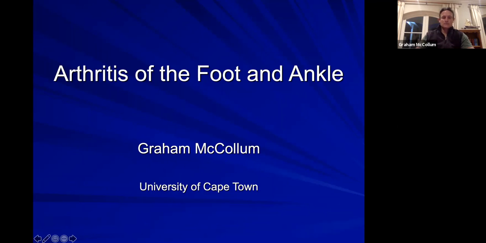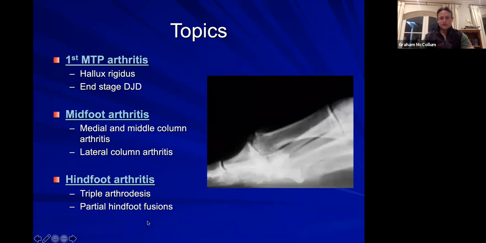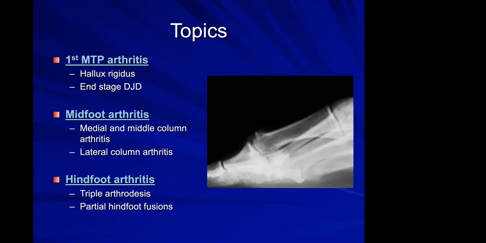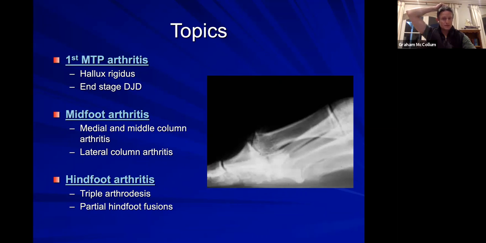So really what I'm going to cover in the foot are common pathologies. These common pathologies are arthritis of the first MTP joint, which is also known as Hallux rigidus or end-stage degenerative joint disease of the MTP joint.